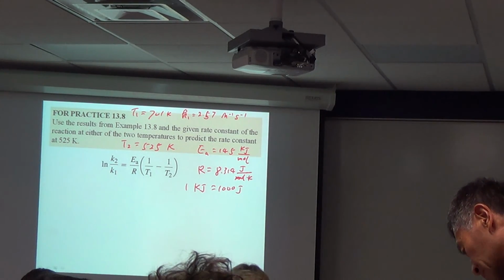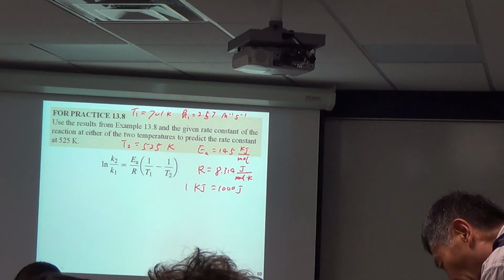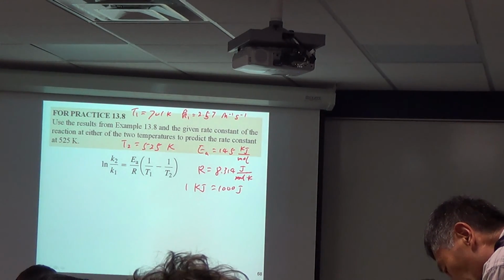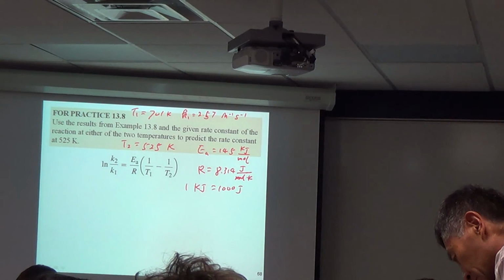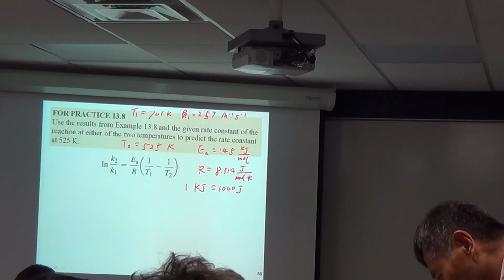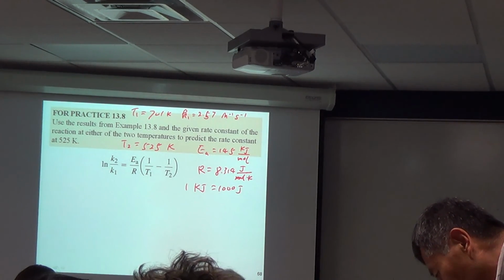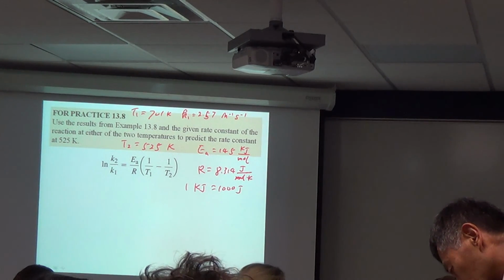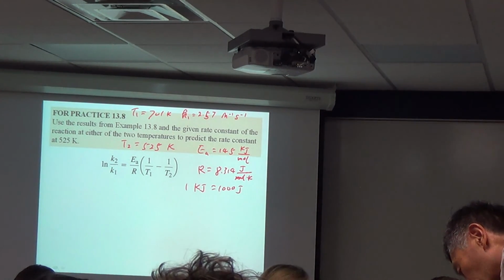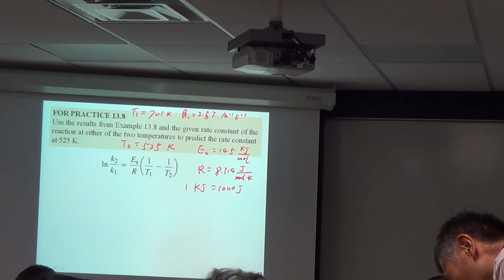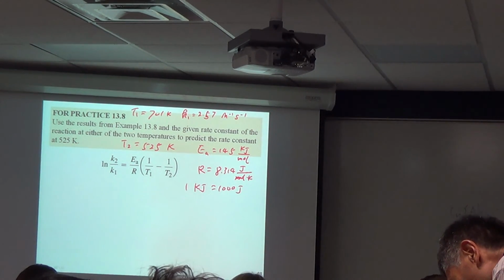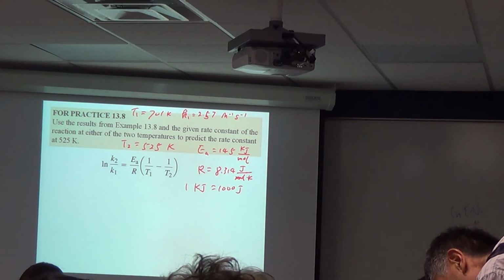You use the other way. If this is K1 or K2, then here will be 1 over T2 minus 1 over T1. See, here the T1 will be first, then here the T2 will be first. Oh, okay, good. Then 145,000.